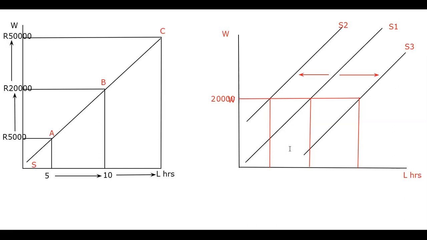What do you think will happen to the supply curve? Will it move from S1 to S2, or will it move from S1 to S3? It will move from S1 to S3. To S3, exactly.